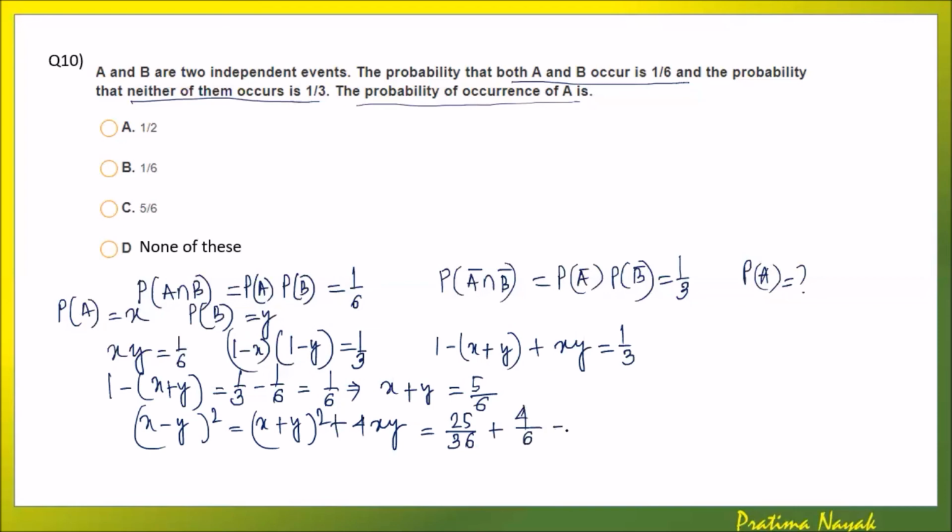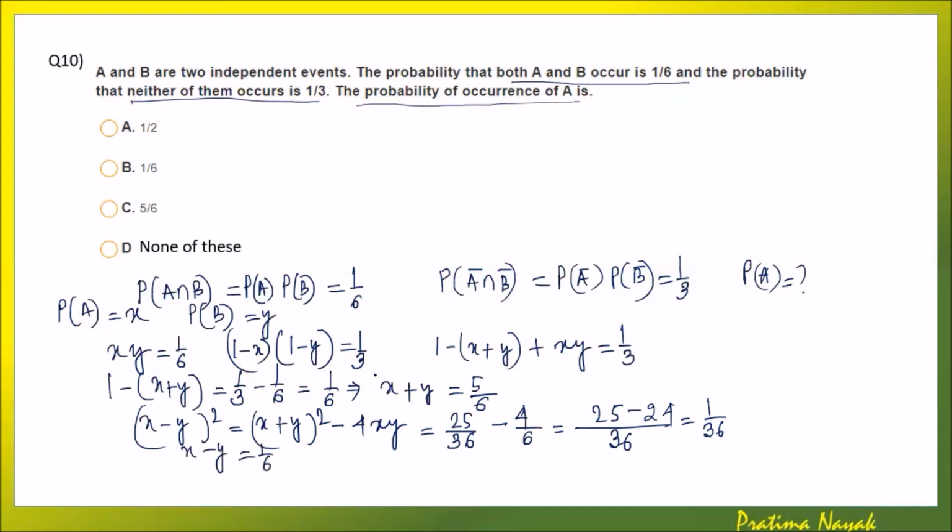Now I will simplify. 36 is the LCM. 25, very sorry, it will be subtraction only. So it will be subtraction, this is the formula. So minus 24, that will be 1 by 36.